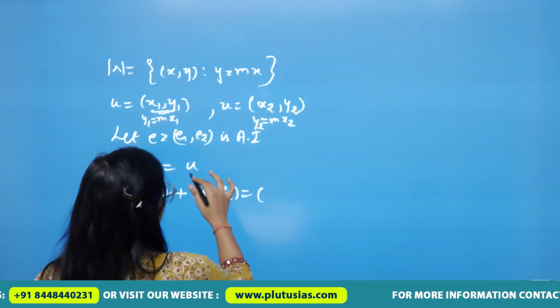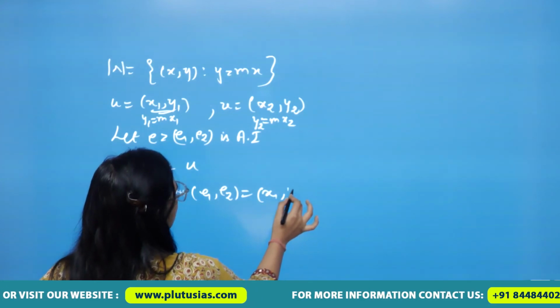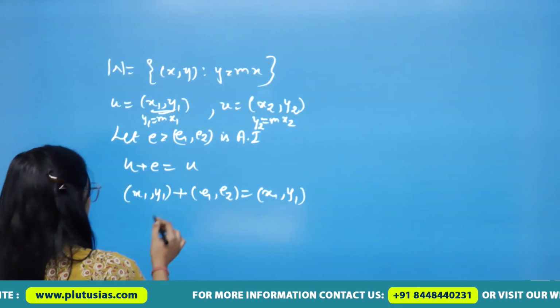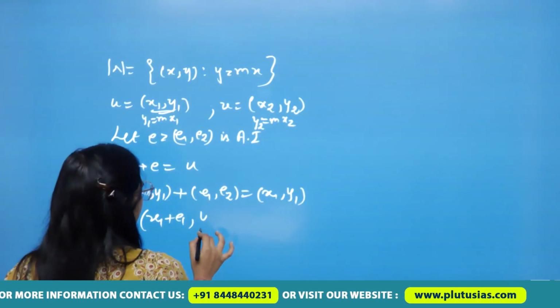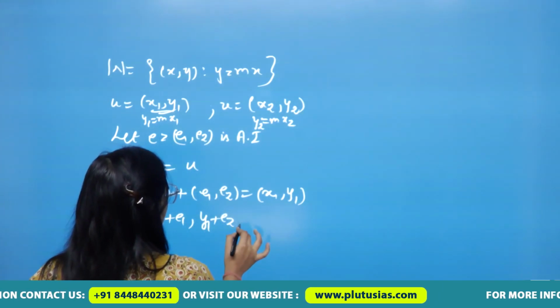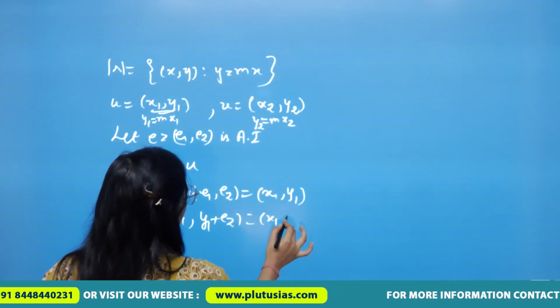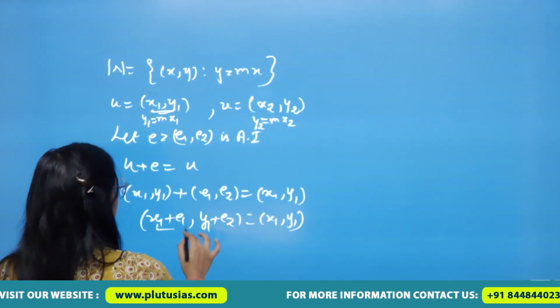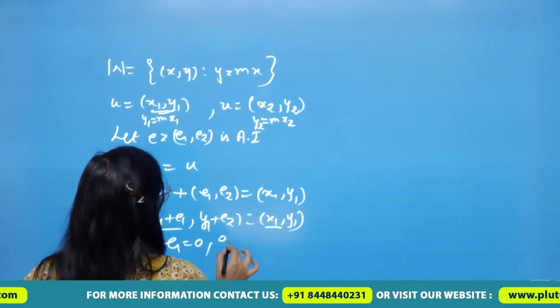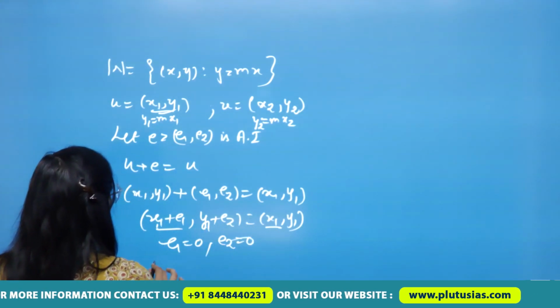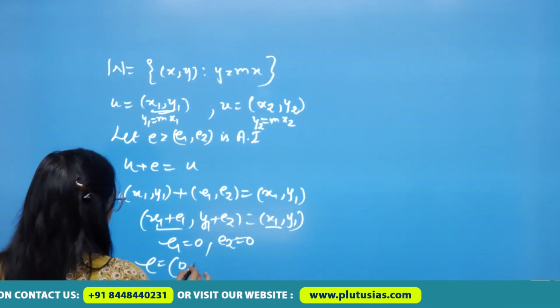This should be equal to u, which is (x1, y1). Now we add x1 plus e1 and, second, y1 plus e2. This should be equal to (x1, y1). If this is equal to this, then e1 turns out to be 0 and similarly e2 turns out to be 0. So our identity element turns out to be (0, 0).